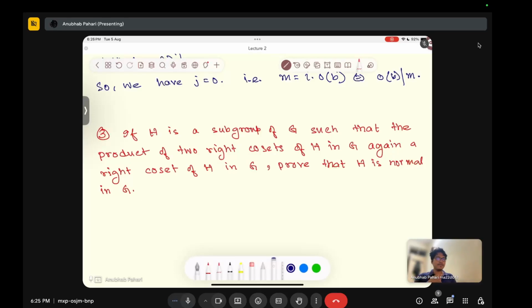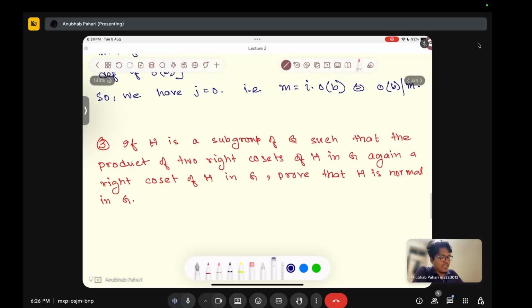Like in the usual sense, Hg1 dot Hg2 should be Hg1g2. This is the natural intuition, right? And we follow that intuition only, that one has to show that this product is well defined.